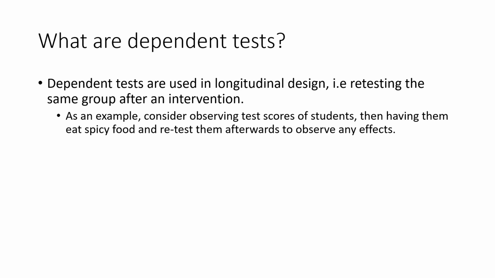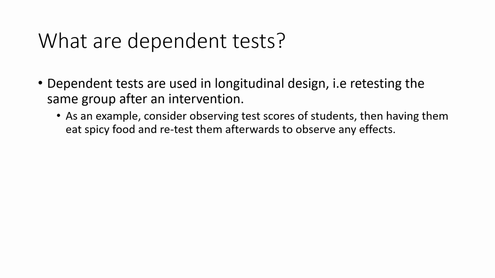Then after they take the test, you introduce some type of intervention. In my toy example, I have them eat spicy food and then take the test again, or a similar test, however the design is. And then you measure if there are any effects before and after this intervention.